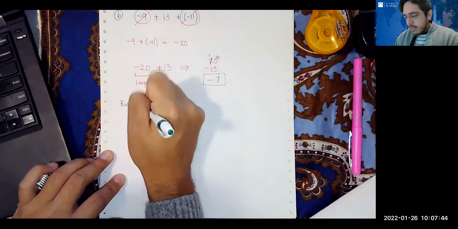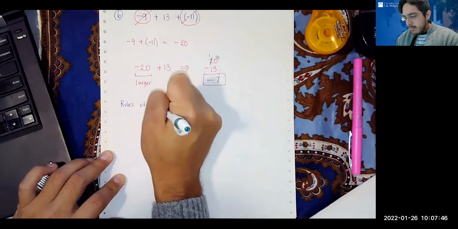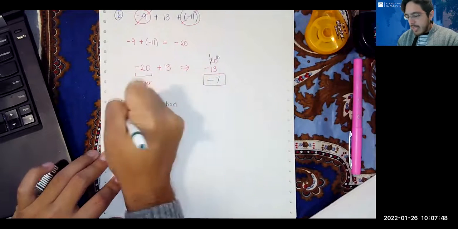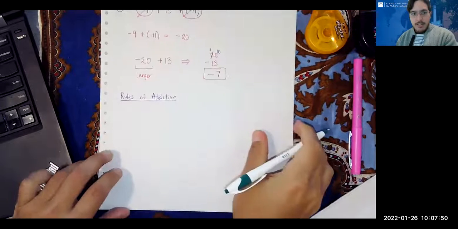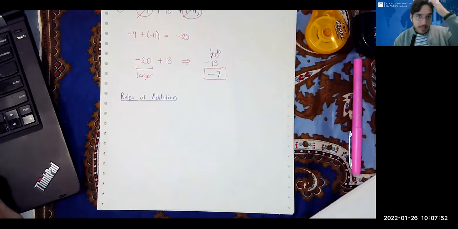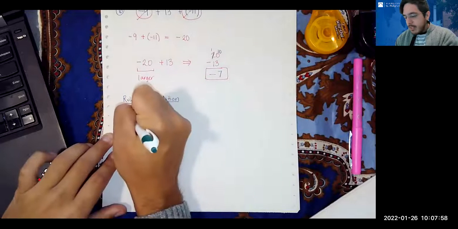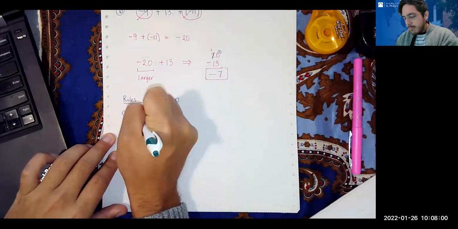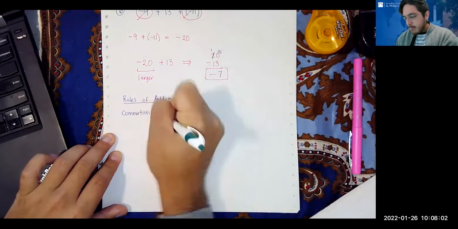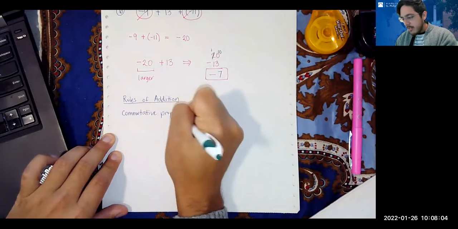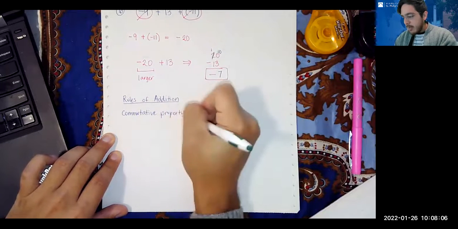So the rules of addition. This is going to have some vocabulary that we have to become comfortable with. The commutative property of addition is what we just went over.